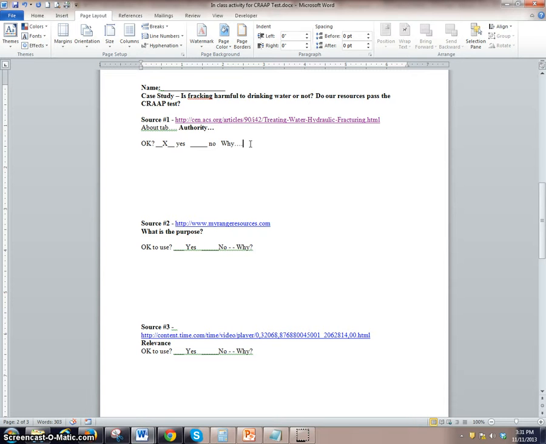So I'm looking at those bullet points on the CRAP test criteria sheet. And so in terms of authority, would I say that this article could be used in a research paper based on its authority? I would have to say yes, and I would be able to justify that, and that's what you could write in this section on why.